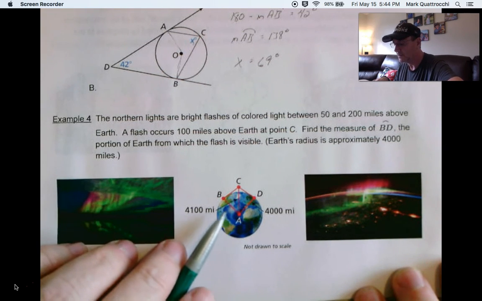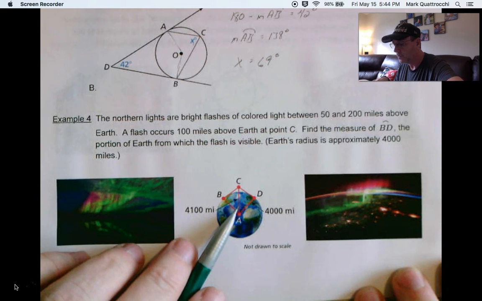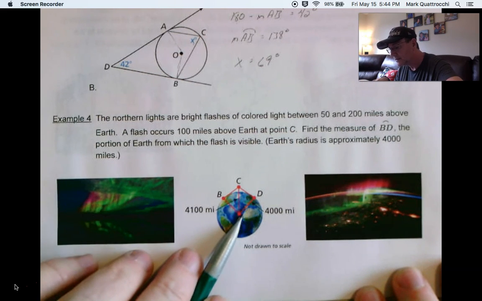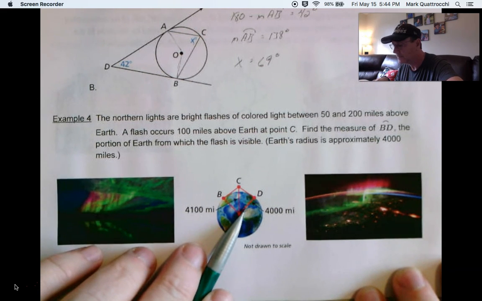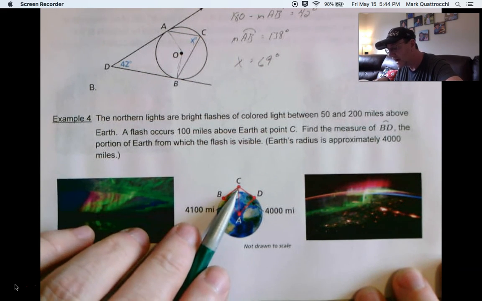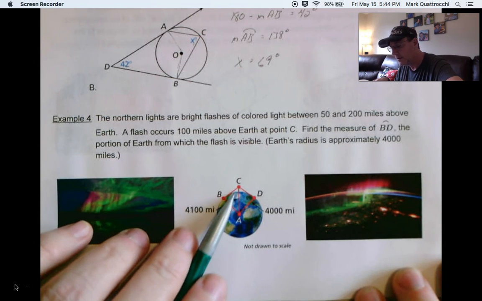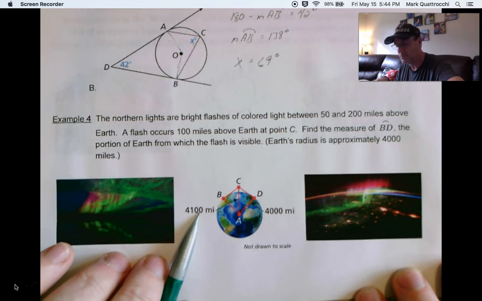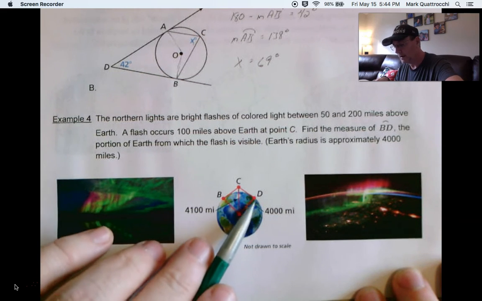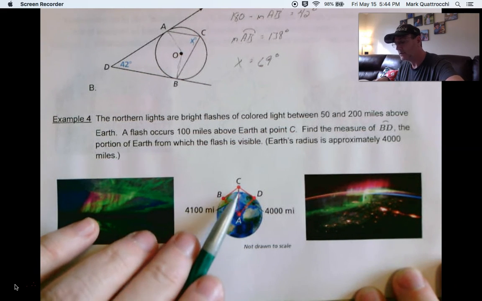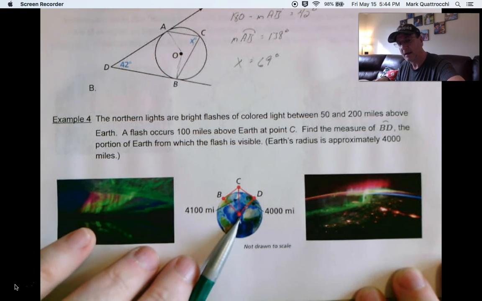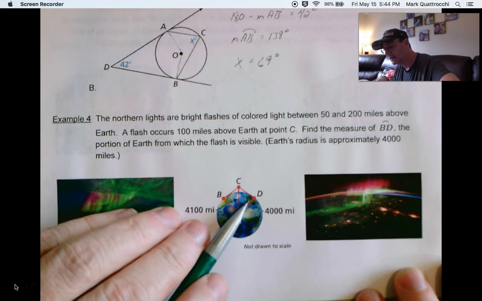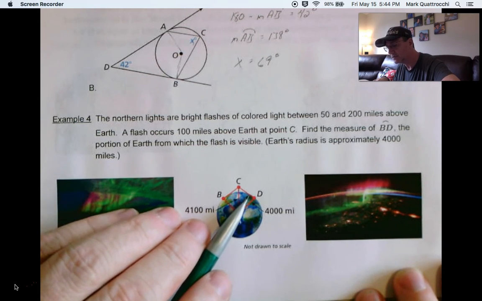We're going to have to do that by, so we know because the radius of the Earth is about 4,000 miles and point C is 100 miles above it, AC is 4,100 miles. Okay, the radius is 4,000 miles. What else do we know about tangents and radii? And you can't really see it. It's hard to see, but it's actually drawn in the picture.